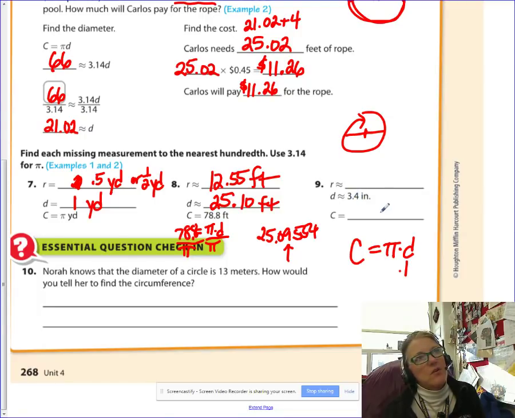Okay, last but not least, this time you're given diameter. So take diameter times pi. So you have to take 3.14 times 3.4. That's kind of funny. So here on your calculator, plug this in.